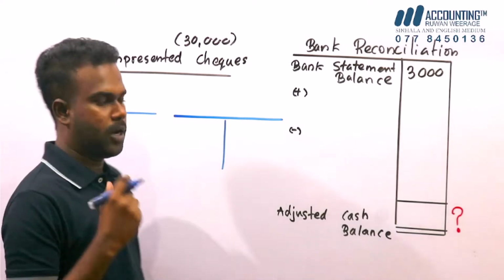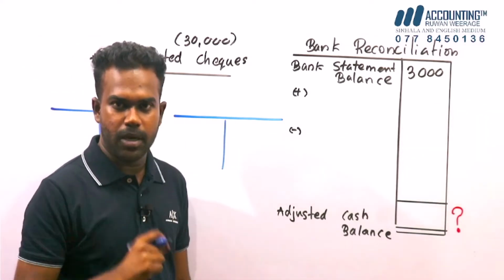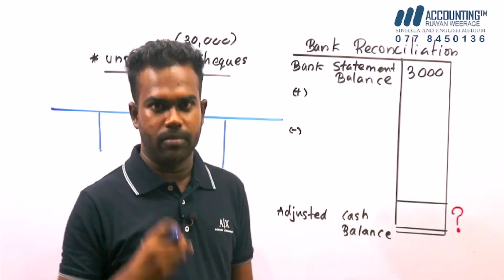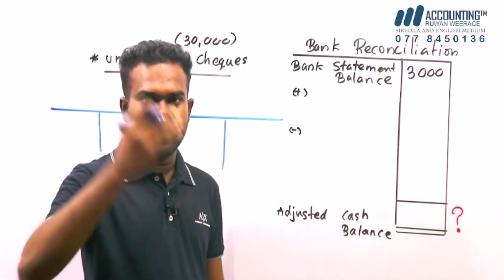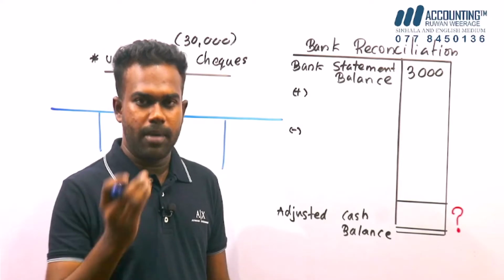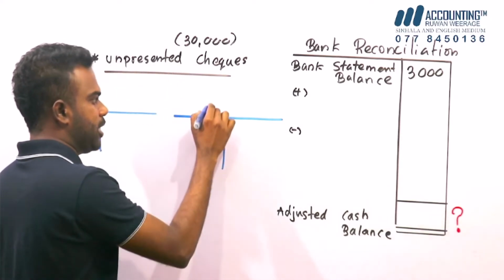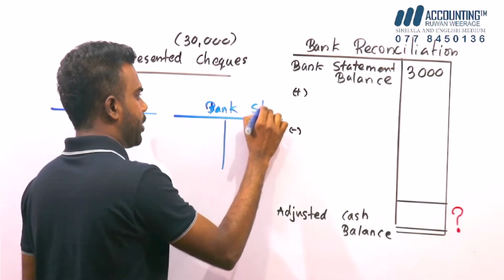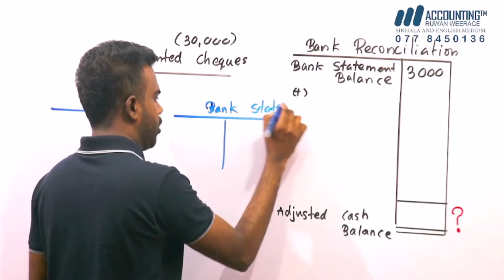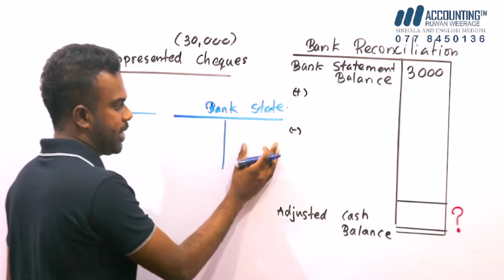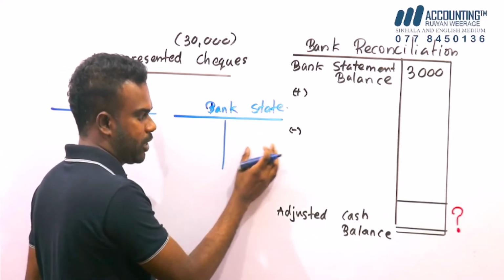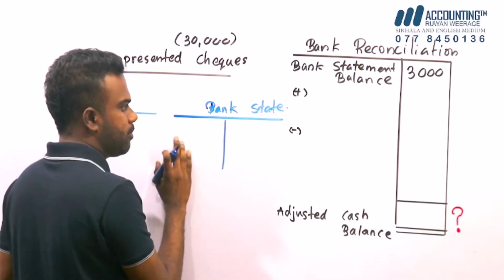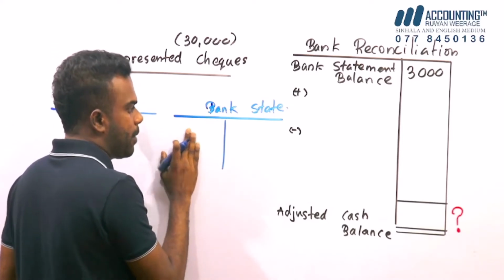Normally the bank statement is sent by the bank with columns, a debit column, a credit column and the balance. But I will write the bank statement here like a T account. On the credit side, the bank records deposits, but on the debit side, the bank records payments.